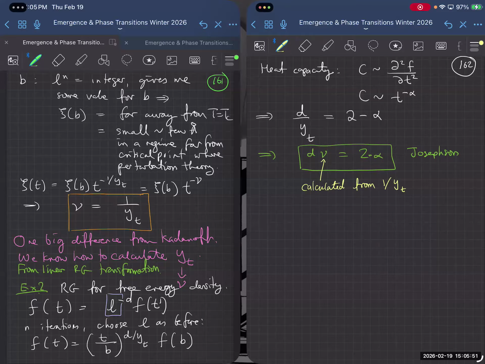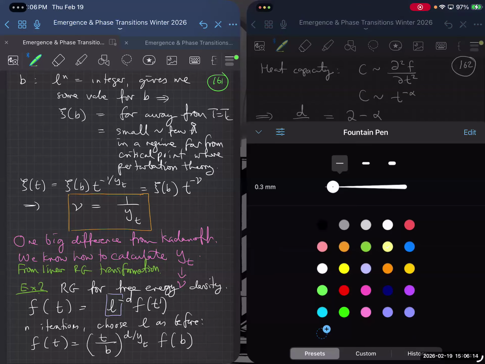So now I've got nu calculated, and that means I've now calculated alpha. And so I get everything like that. This in a nutshell is the processing pipeline, if you will, for a renormalization group. All right. So now I want to move on and talk about the differential renormalization group very briefly.